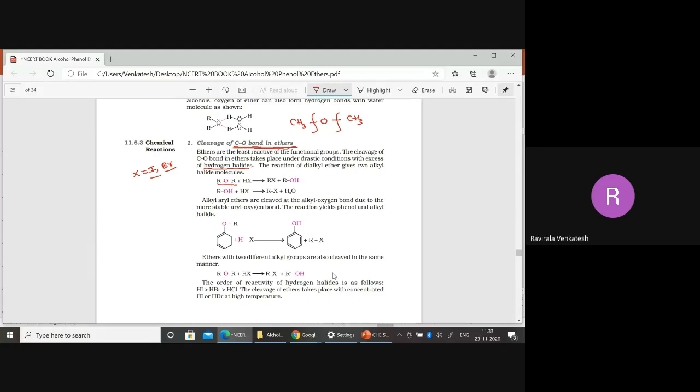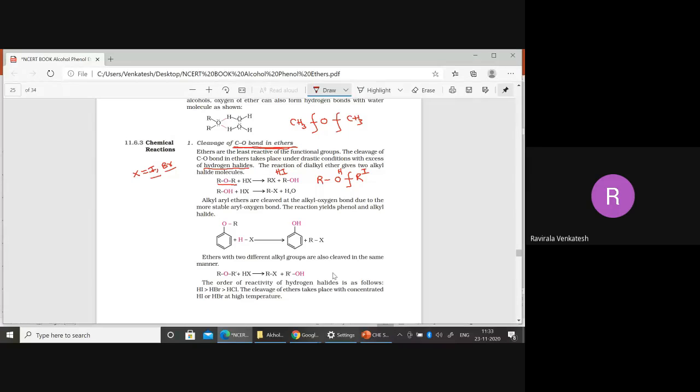Now how are you getting it? I'm writing it, ROR. Which bond am I cleaving? The C-O bond. Now if I add HI, that is HX, one part will get hydrogen and the other will get iodine.